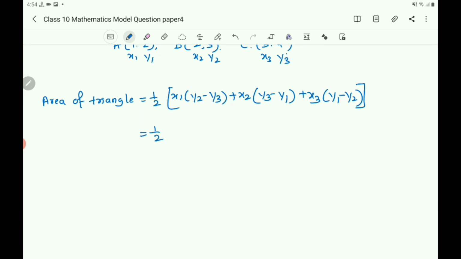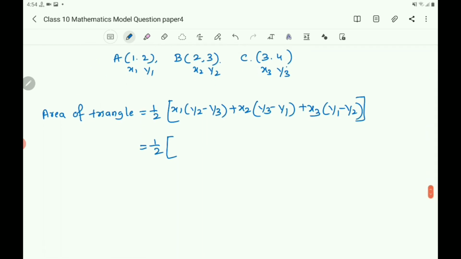That equals 1 by 2 into x1 is 1 into (y2 is 3 minus y3 is 4), 1 into (3 minus 4), plus x2 is 2 into (y3 is 4 minus y1 is 2), is 2, plus x3 is 3 into (y1 is 2 minus y2 is 3).